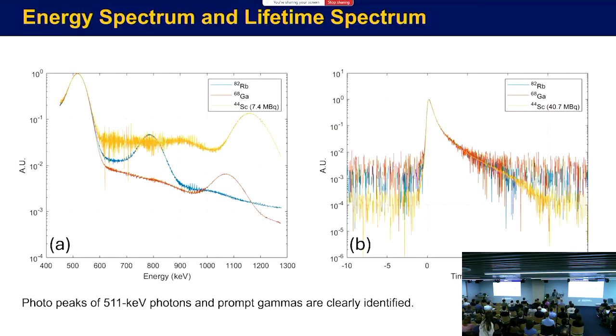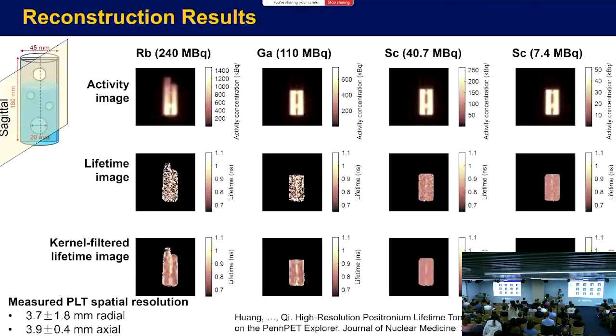So that's the reconstructed image of the cylinder of vacuum with a polycarbonate slab in the middle of the radioactive solution. This polycarbonate has a longer lifetime than the water, so that's what you can see. Even though there's no positron inside the polycarbonate, the positron range will allow the positron annihilation to occur inside the polycarbonate.